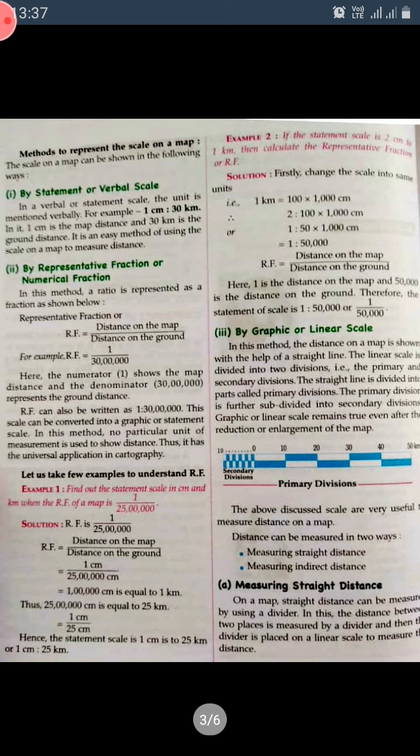Now there are different methods of measuring scale. These are the verbal scale or the statement scale, the second is by numerical fraction or representative fraction, and third is graphic or linear scale.